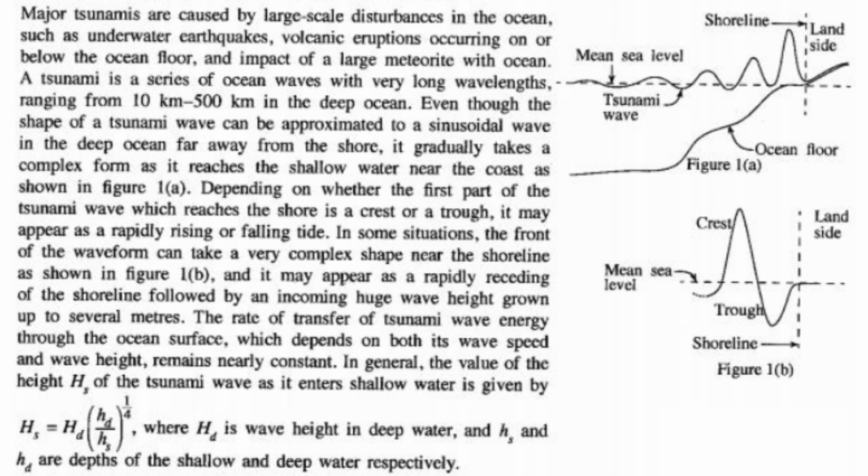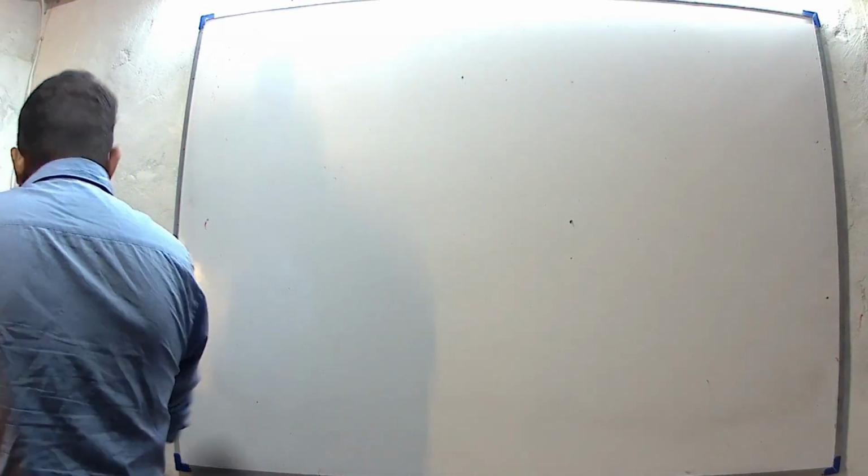They have given that the wavelength of shallow water waves is in the range of 10 kilometers to 500 kilometers, and the range of tsunami waves is also 10 kilometers to 500 kilometers. Therefore, we can write tsunami waves are shallow waves.